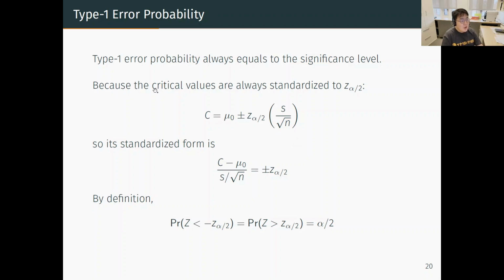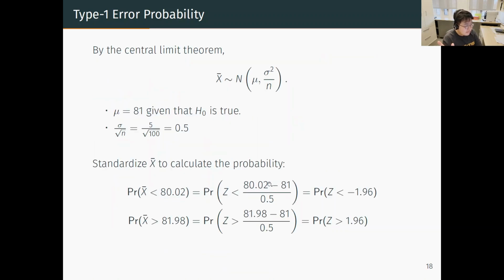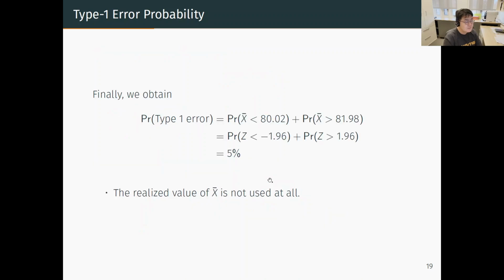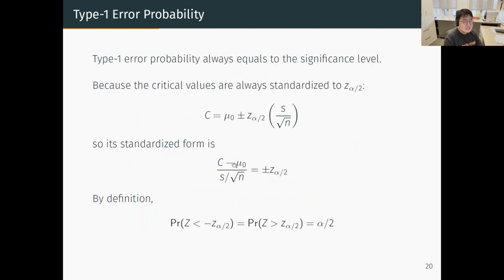Because when you calculate the critical values, you have used this formula, right? And when you standardize the probability, you actually do the reverse transformation, right? Critical values are calculated like this, but you standardize the critical values, right? Remember, critical value is 80.02. That is standardized again, but the standardization subtract mean cancels out this part and divide by the standard error cancels out this part.